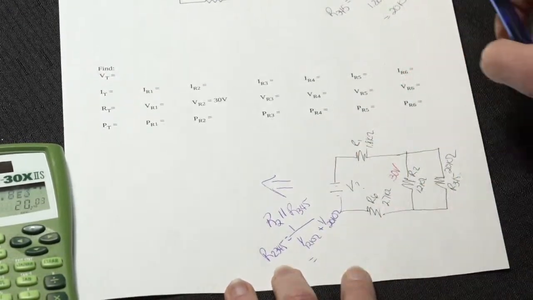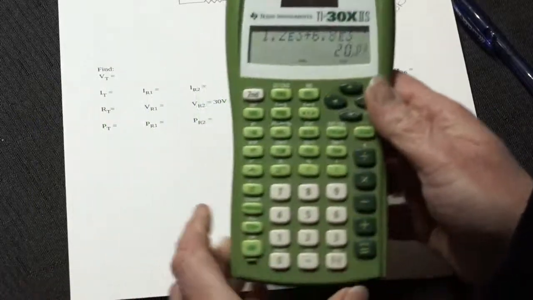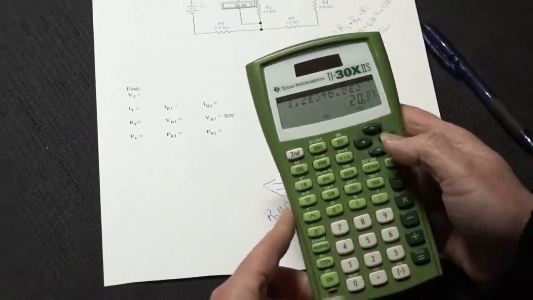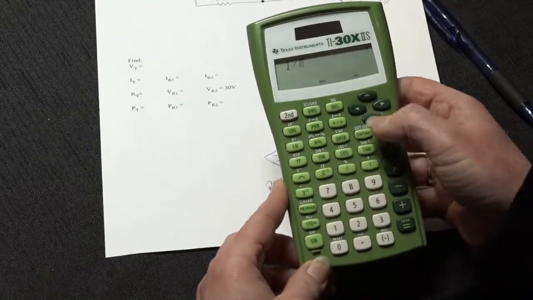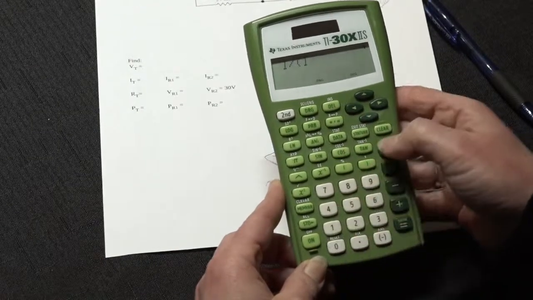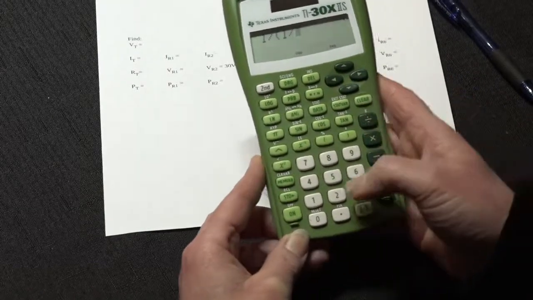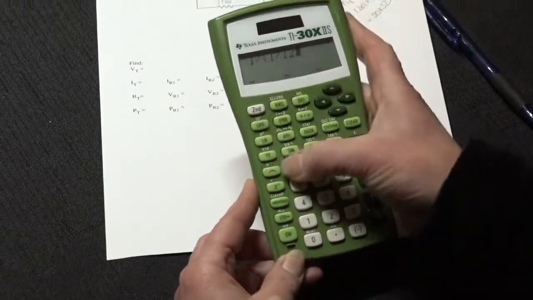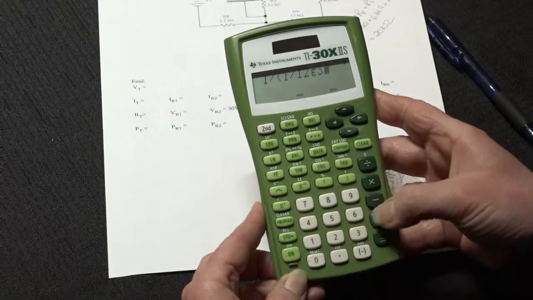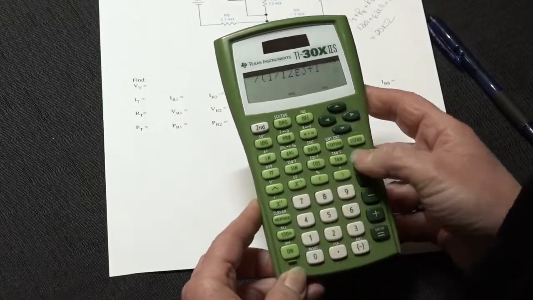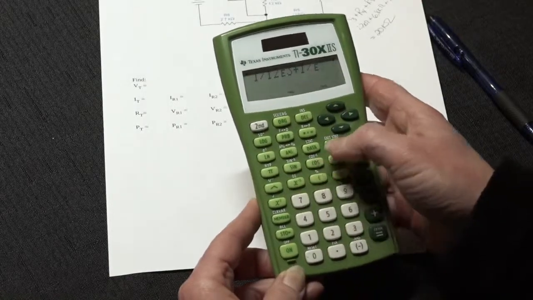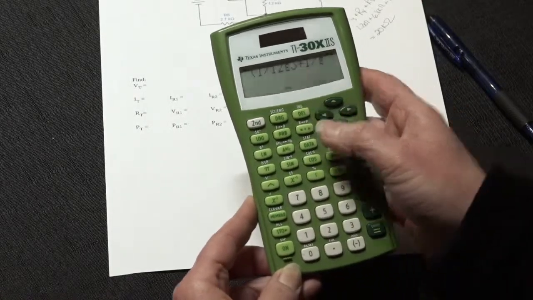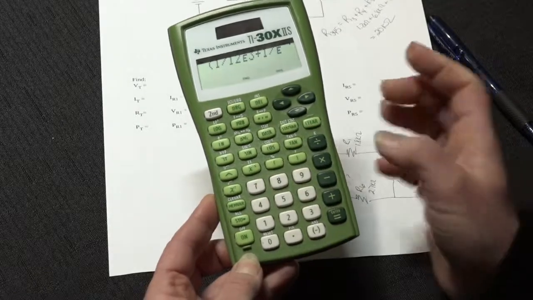And to make sure we don't make any errors, let's do that on our calculator. So we have 1 divided by 1 divided by 12K plus 1 divided by 20K.